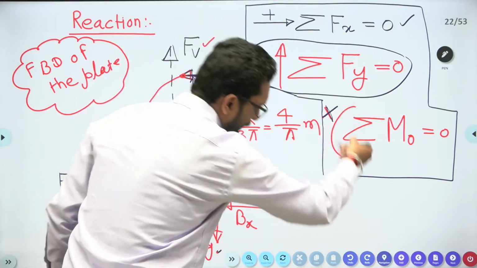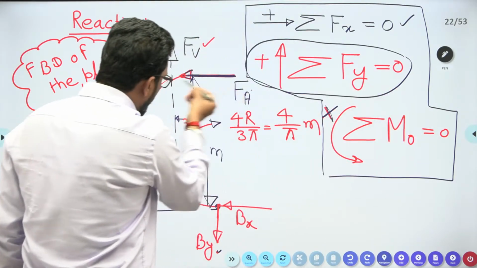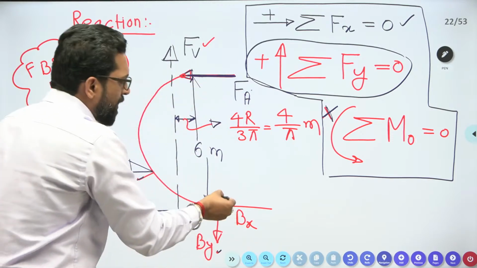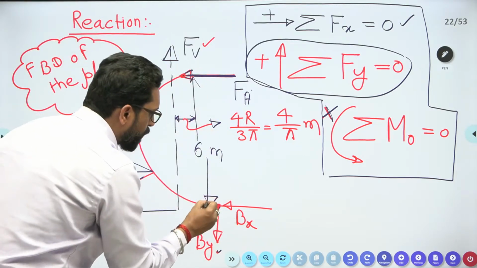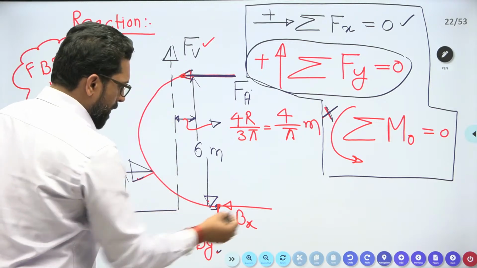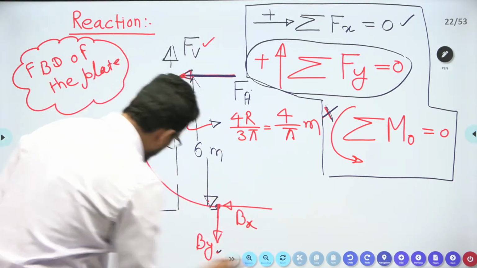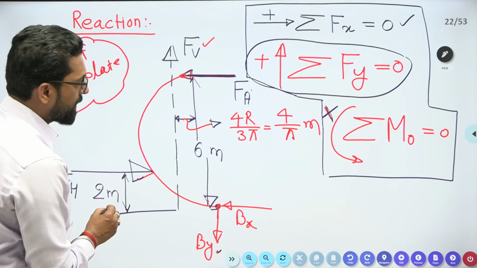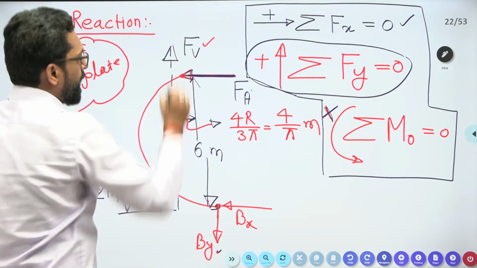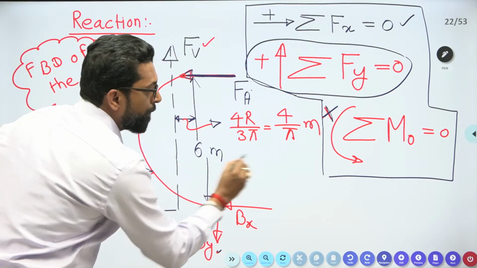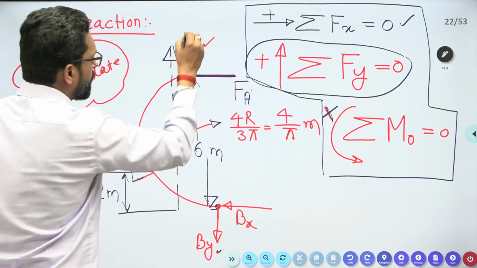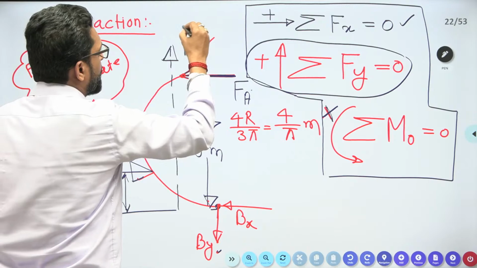We take anti-clockwise as positive. So FA produces an anti-clockwise direction, FA into perpendicular distance, positive. FH is negative, FH into 2. FV into pi by 4 is positive.